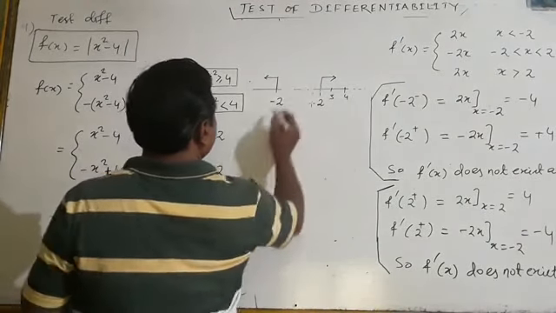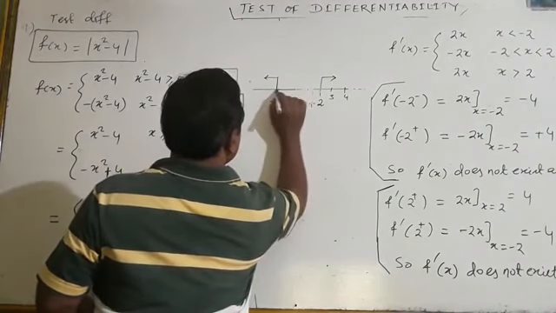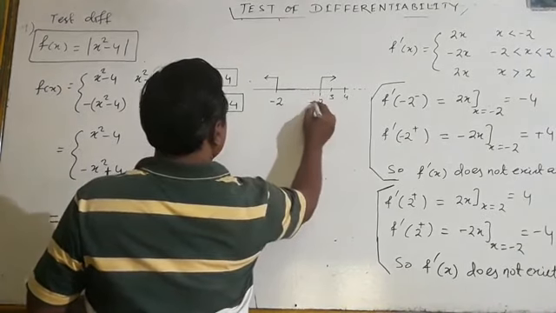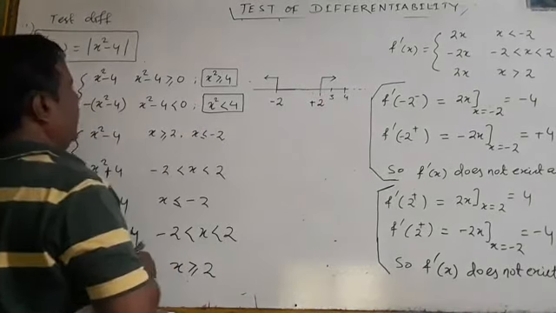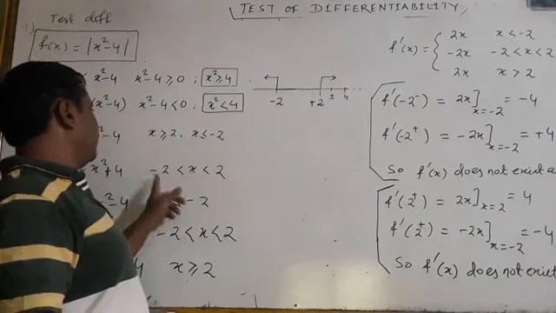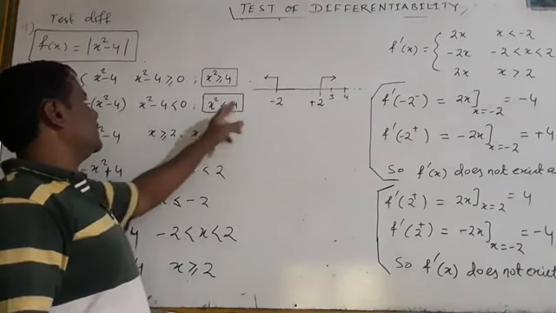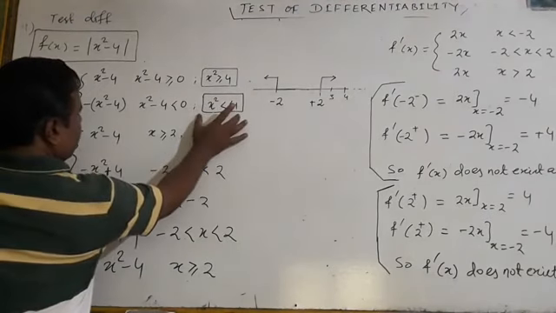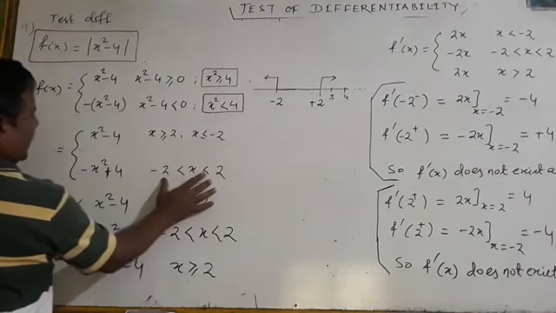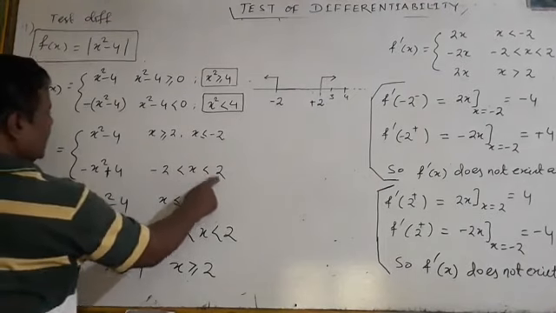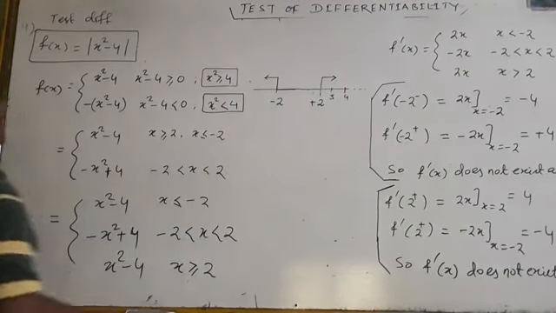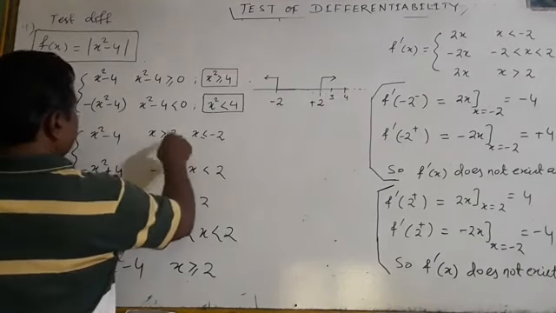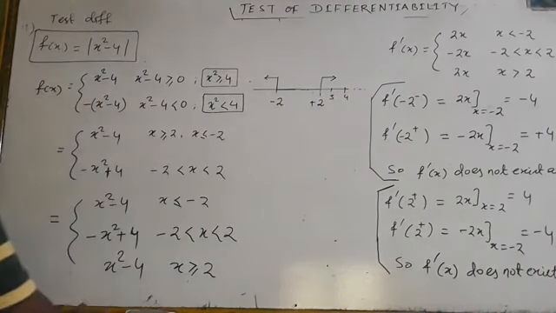So when we take x within −2 to 2, x² is less than 4. In place of x² less than 4 we write −2 < x < 2, and in place of x² greater than or equal to 4 we write x ≥ 2 or x ≤ −2.